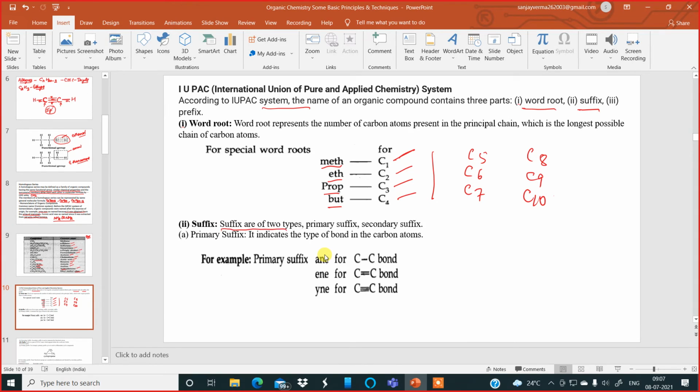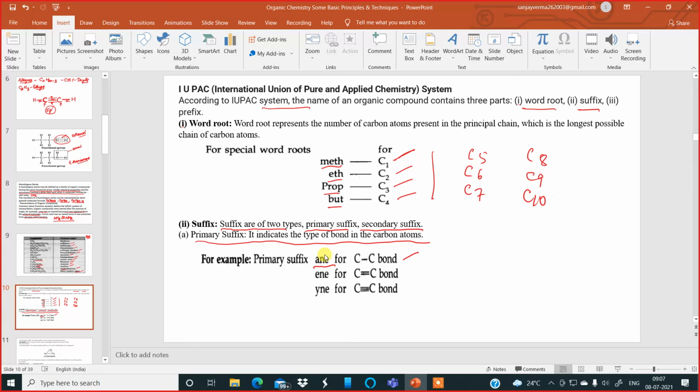Suffixes are of two types, primary suffix and secondary suffix. Primary suffix indicates the type of bonds between the carbon atoms. For example, if there is a carbon-carbon single bond, then the primary suffix is ane, A-N-E: methane, ethane, propane, butane.